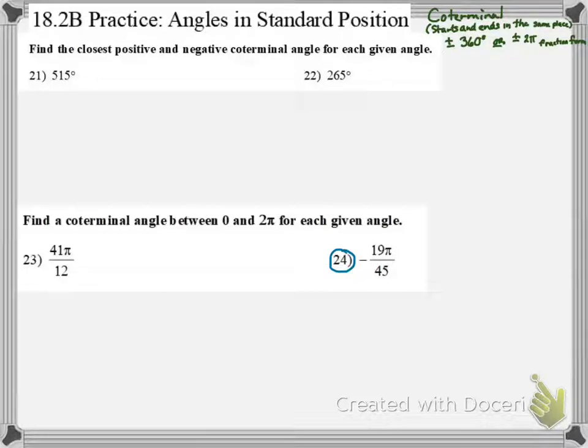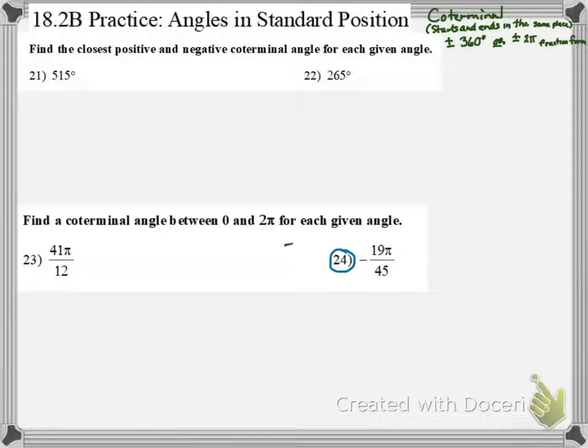I think I've done enough of this kind in the 18.1a notes and in the 18.1b notes, where I did some degree ones, and did some of these in today's notes. I think I'm not going to do one of those.